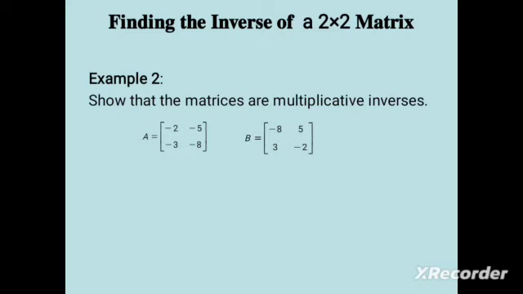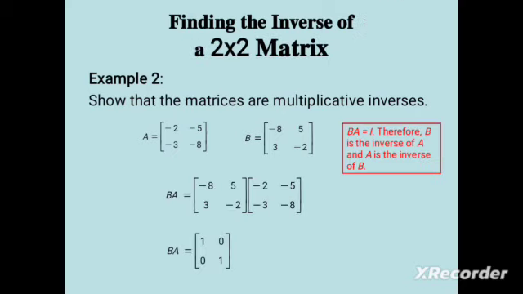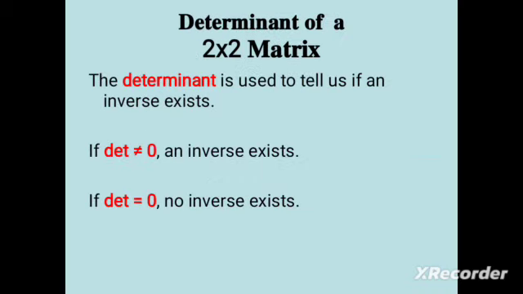Show that the matrices are multiplicative inverses. We know that either AB or BA will give us the identity matrix, so by multiplying BA, you'll get the identity matrix.